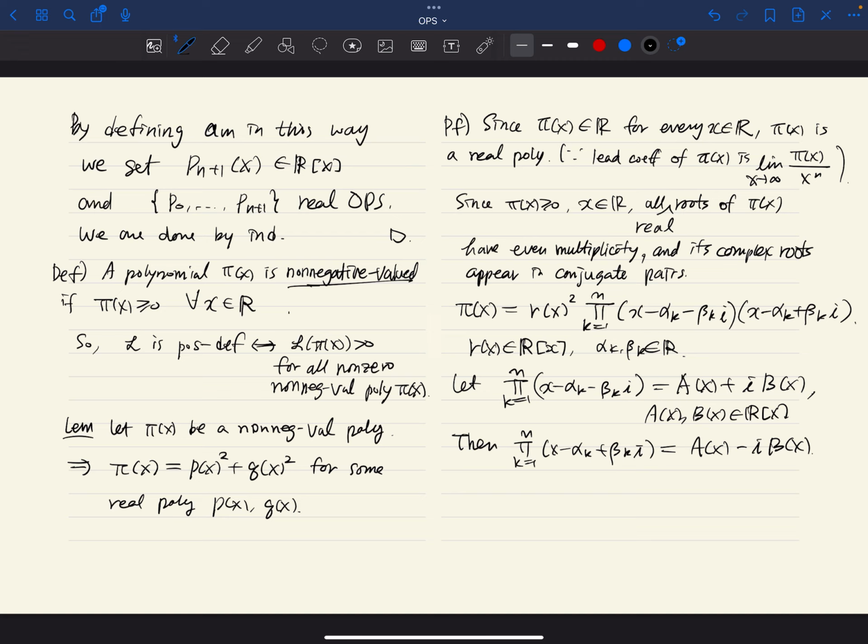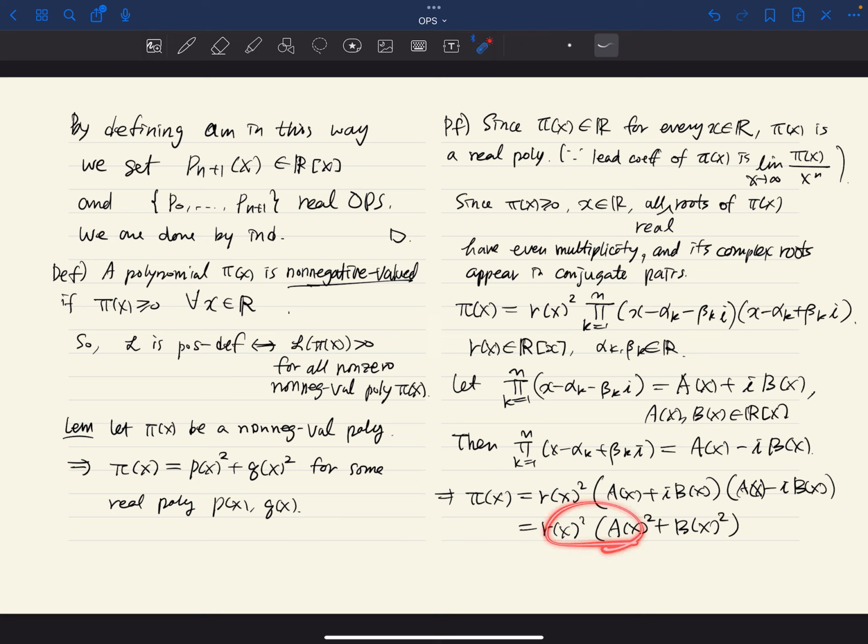Then just substitute it all there, then we get A(x) plus iB(x) times A(x) minus iB(x), which is r(x), A(x) squared plus B(x) squared. So if you expand it, yeah, P squared and then Q squared. So that's the proof.